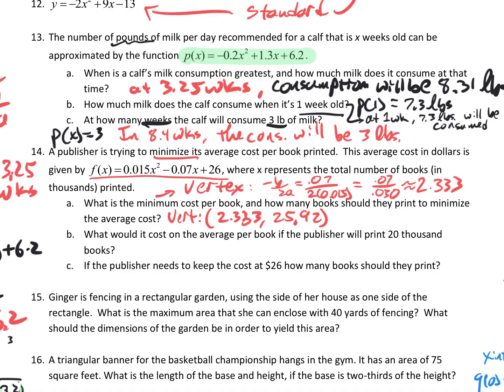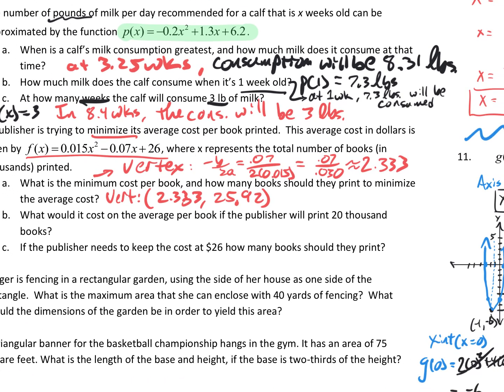Okay. So the question is, what is the minimum cost of books and how many books need to be printed? So you could say when 2.33 thousand books are printed, the cost is $25.92. Now this is in thousands, right?